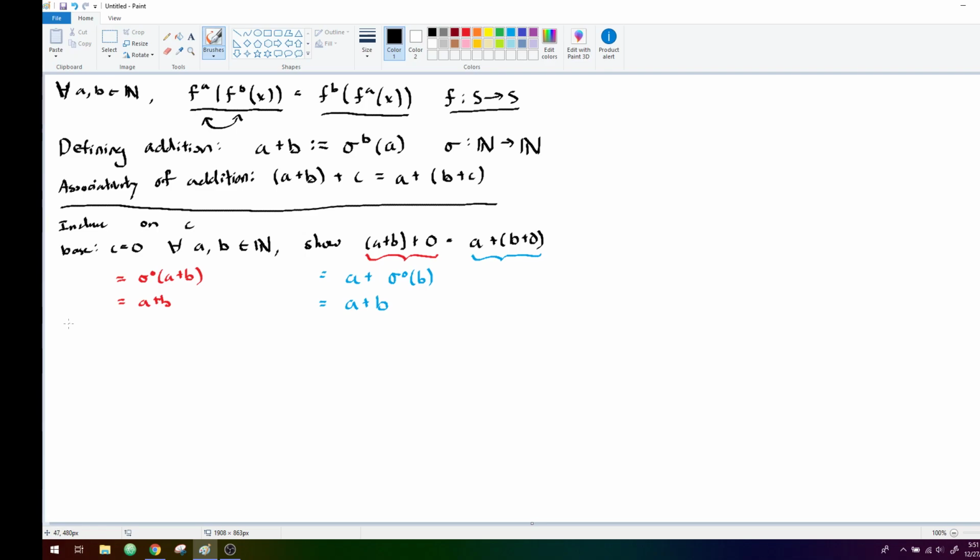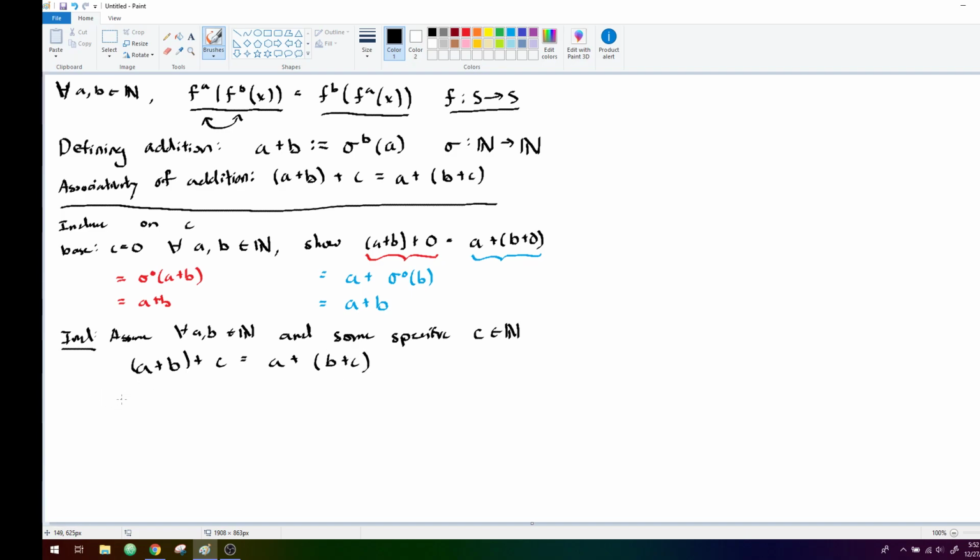So next we're going to move on to the induction step, where we assume that for all a and b in the naturals and some specific c in the naturals, a plus b plus c is equal to a plus b plus c.